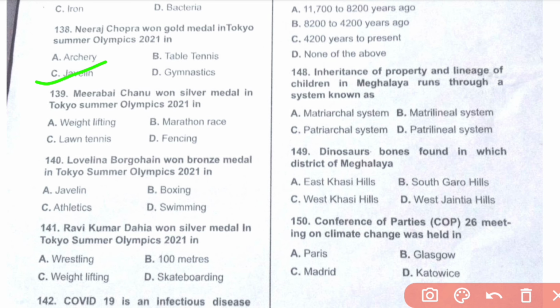Mirabai Chanu won silver in weightlifting. Lovlina Borgohain from Assam won bronze in boxing. Ravi Kumar Dahiya won silver in wrestling.